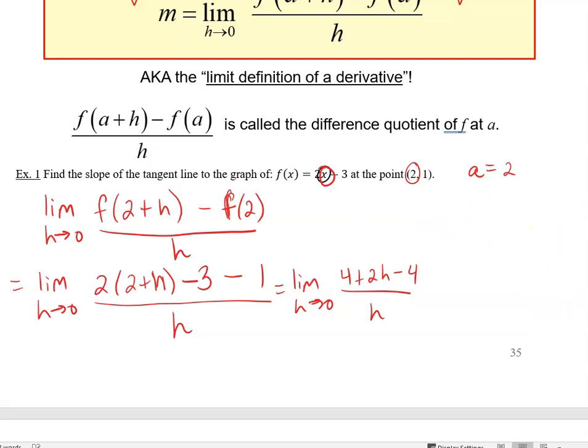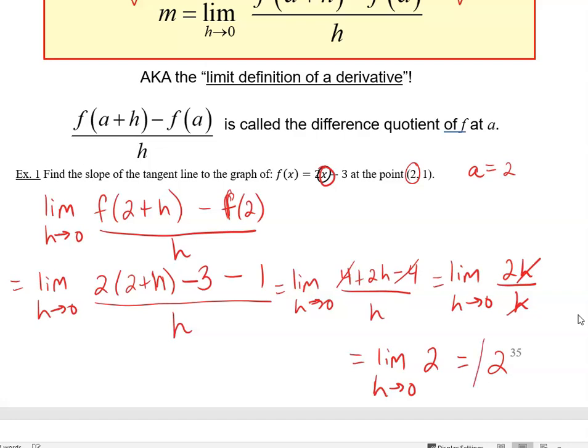Look at what divides out or cancels out in your expression. Notice that the 4's cancel out, and I'm left with the limit as h approaches 0 of 2h over h. Notice that both of those contain an h, so I can cancel that out, and I'm just left now with the limit as h approaches 0 of just the function 2. That's a constant function, so the limit will just be the number itself, which is 2.